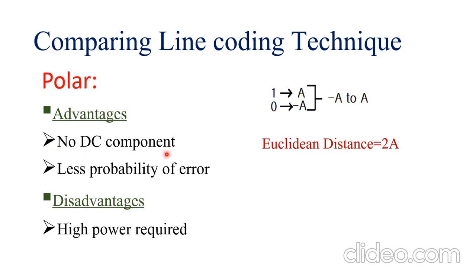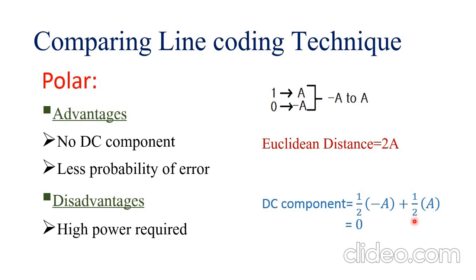Now to calculate the DC component, we can identify it by the amplitude of 0, that is minus A, into its probability, which is 1 by 2, plus the amplitude of 1, that is A, into its probability, which is 1 by 2.